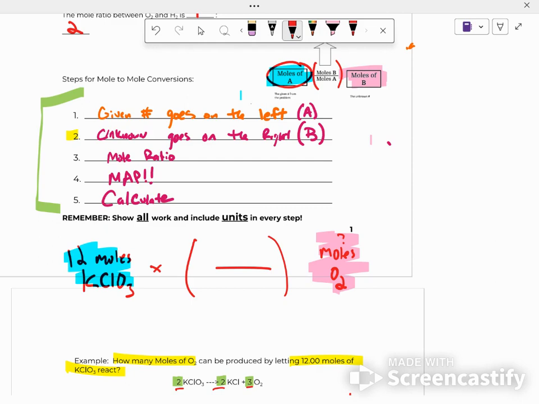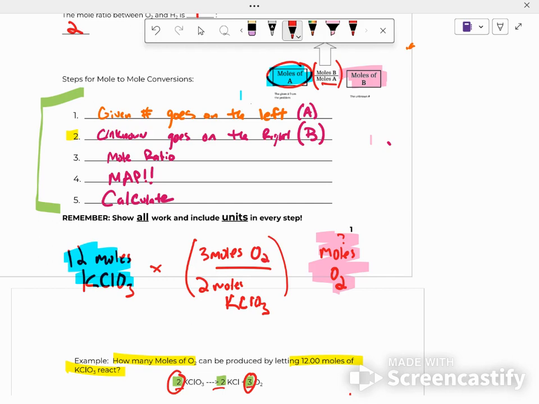Whatever number is out in front of A goes on the bottom. What number is out in front of A? 2. So 2 moles of KClO3 goes on the bottom. What's out in front of B, which is O2? 3. 3 moles of O2.